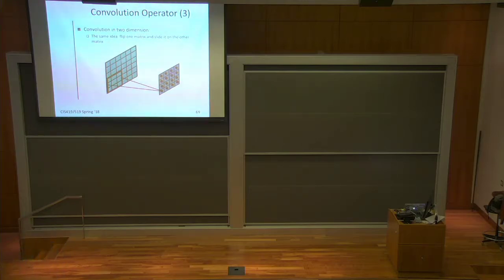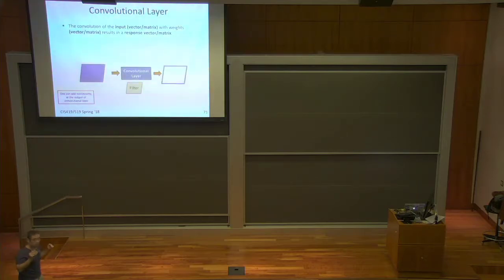Each of the new elements in your matrix is basically the dot product between a bunch of the original elements and this filter. Yes, and we are going to learn the filter, visualize it, and see that the filter actually learns some interesting patterns about the task. So we have roughly defined what convolution is.